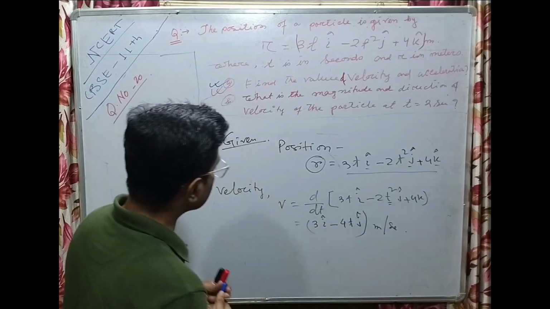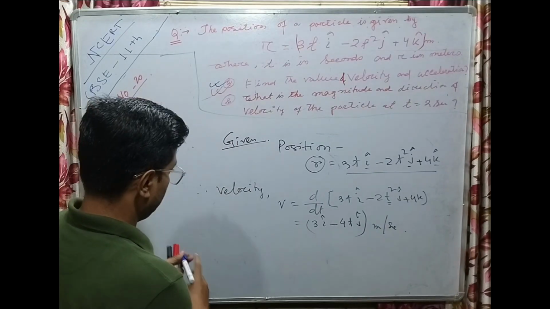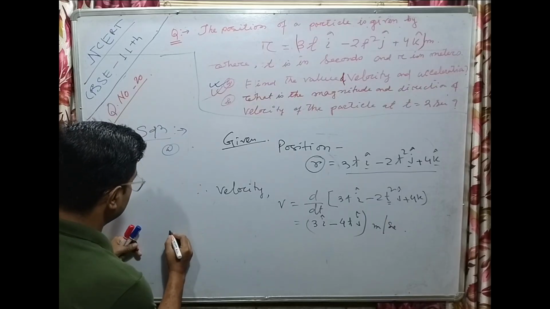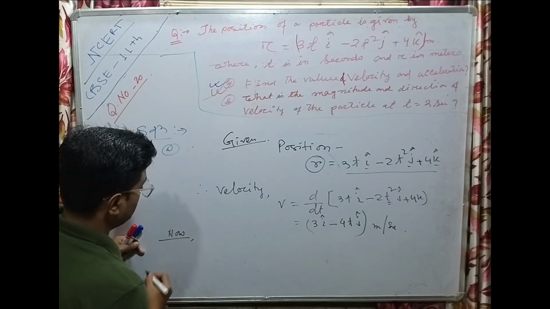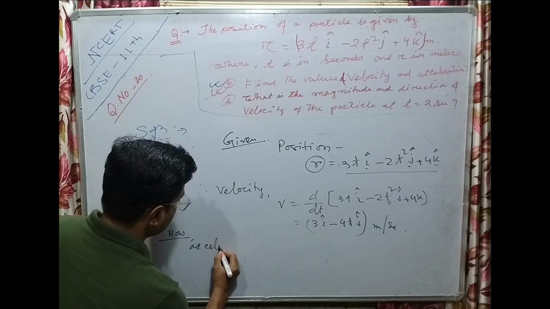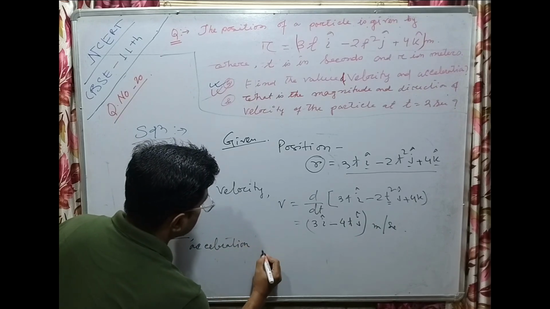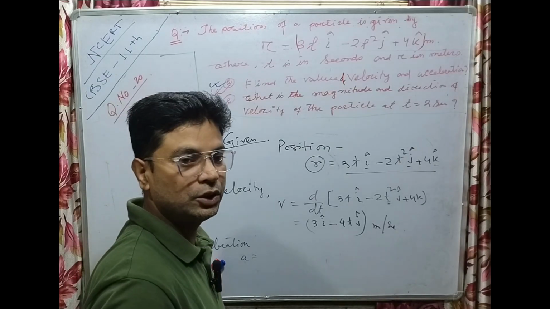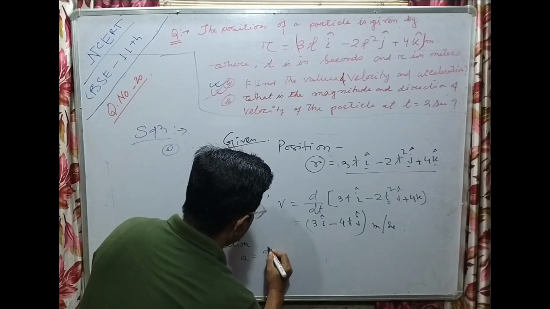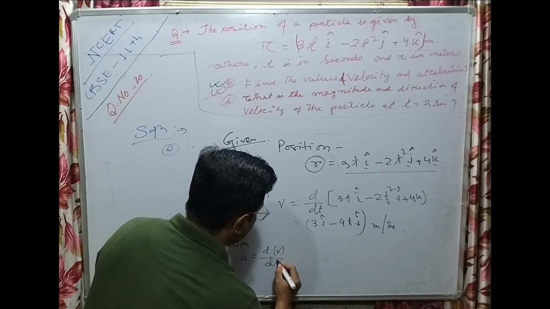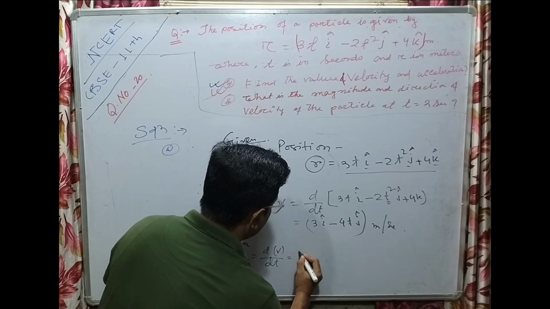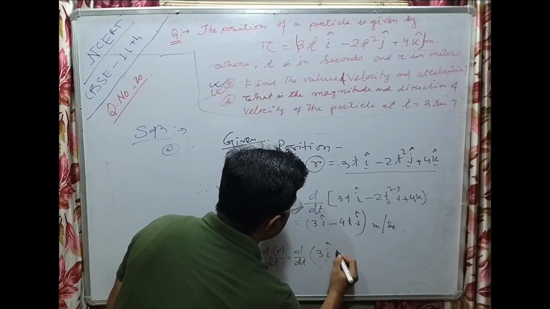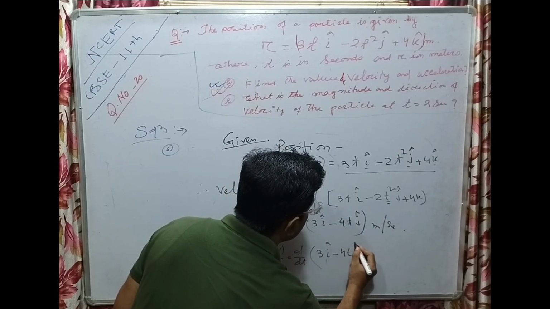Now acceleration a is the differentiation of velocity with respect to time. That is d by dt of (3 i cap minus 4t j cap).